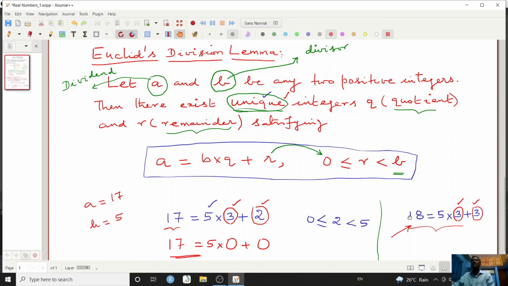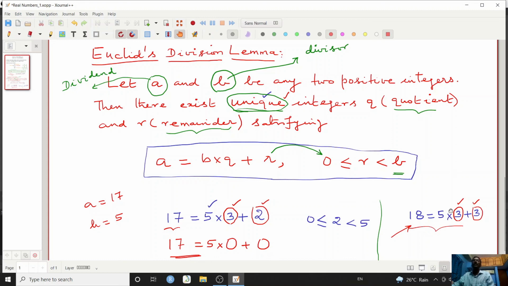Likewise, if your dividend is 18 and your divisor is 5, then your quotient must be 3 and your remainder must be 3. They are unique. No other number can satisfy this relation or this equation.